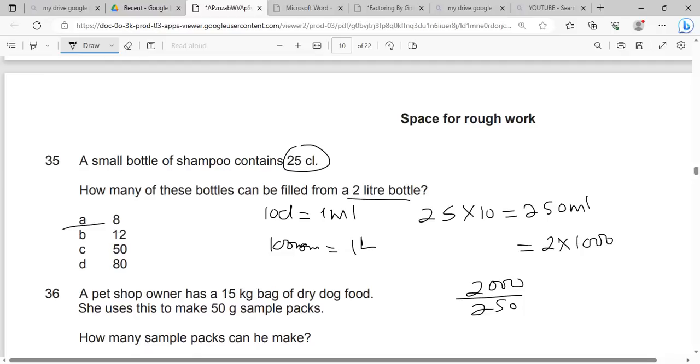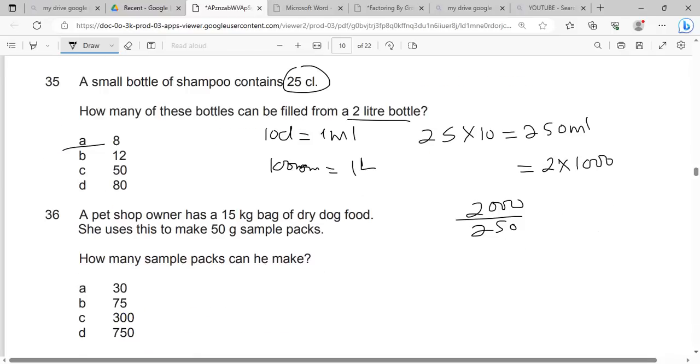All right, a pet shop owner has a 15 kilogram bag of dry dog food. She uses it to make 50 gram sample packs. How many sample packs can be made? So we're going to convert this 15 kilograms to grams, and to do that, we just simply multiply by 1,000, and that would give us an indication of where we need to go.